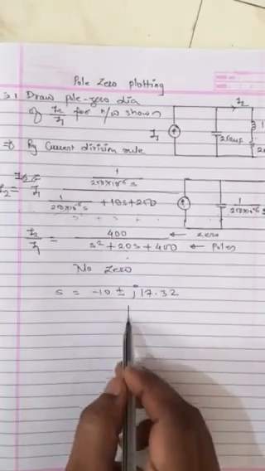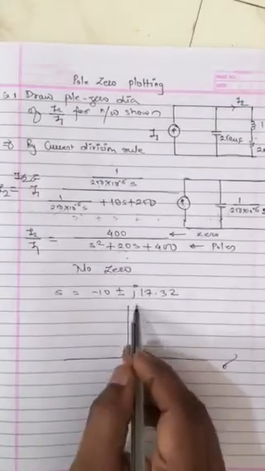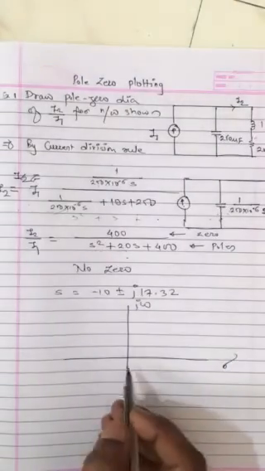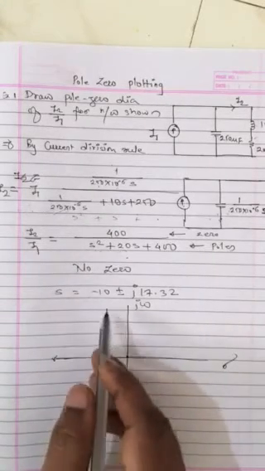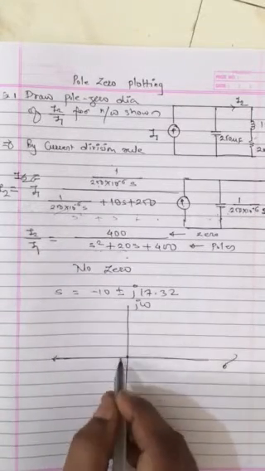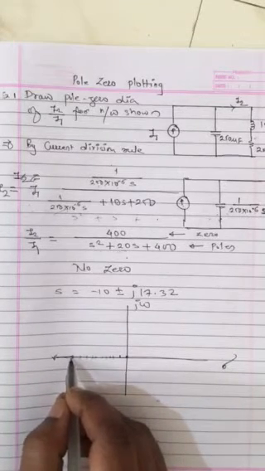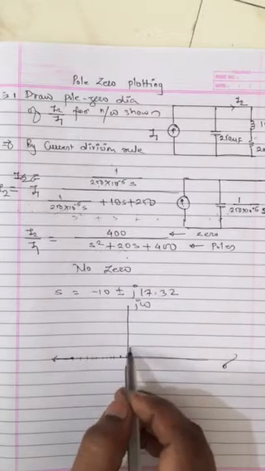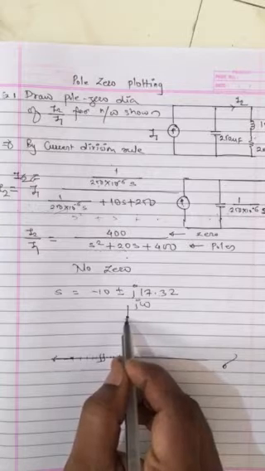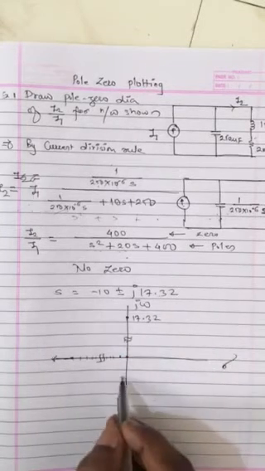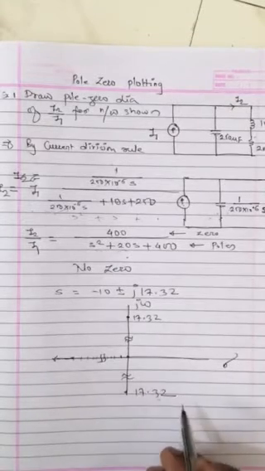Now we have to plot it on the sigma and j omega axes. No zero is present. What about poles? Poles are at minus 10 plus or minus j 17.32. So counting 1, 2, 3 up to 10, this is minus 10, and this is 17.32 above and 17.32 below.